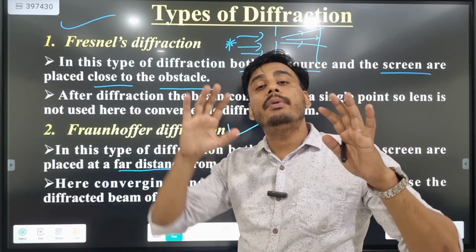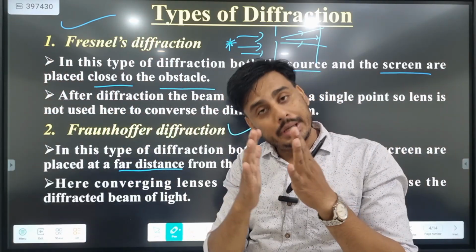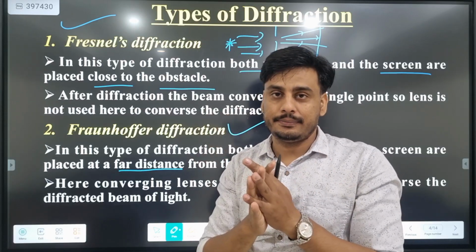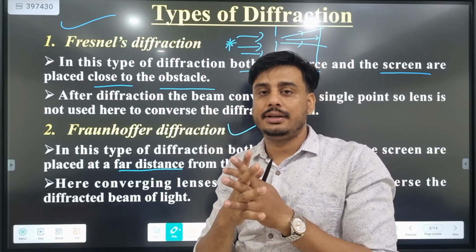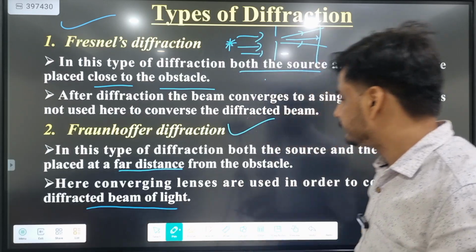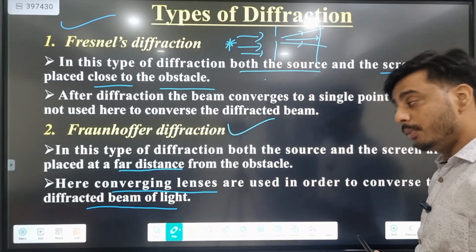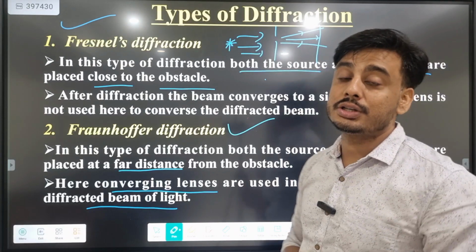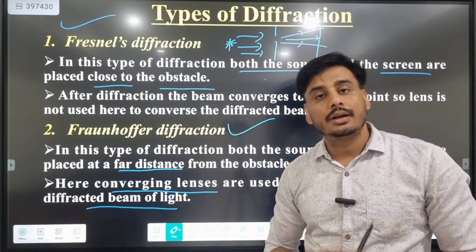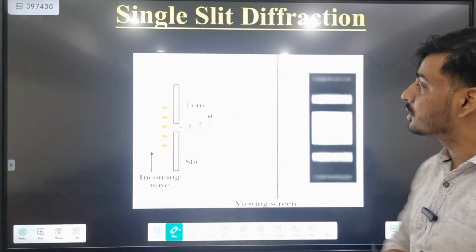So when a ray of light travels from a larger distance, in order to focus we need a lens, a converging lens. So here in the Fraunhofer case, a magnifying glass or converging lens is used to focus the light. Clear?